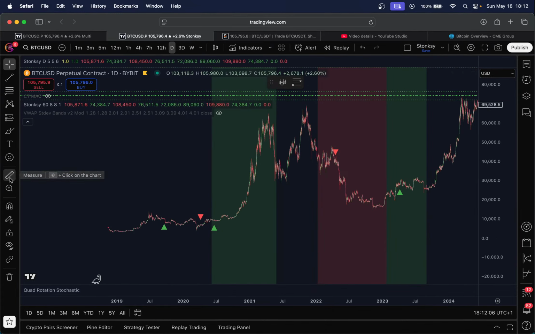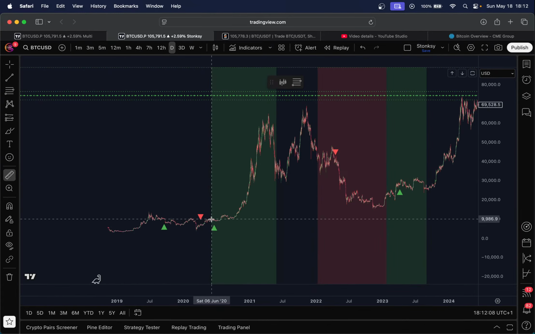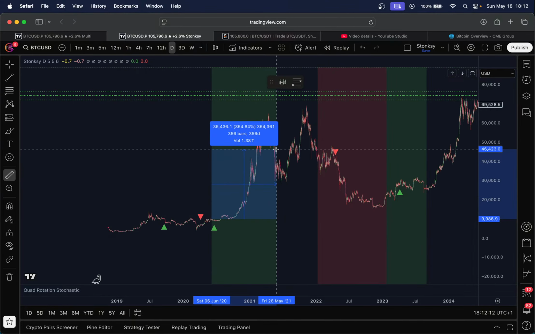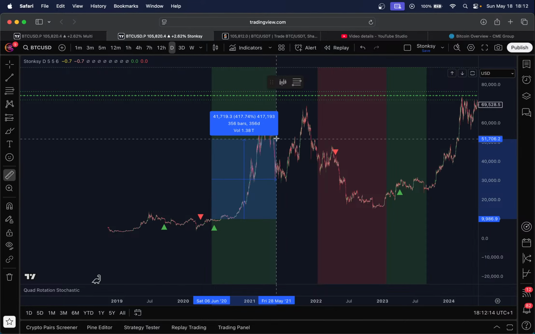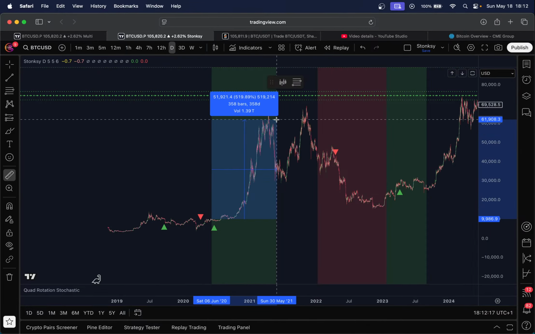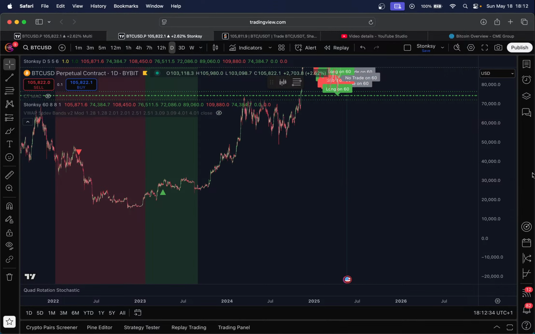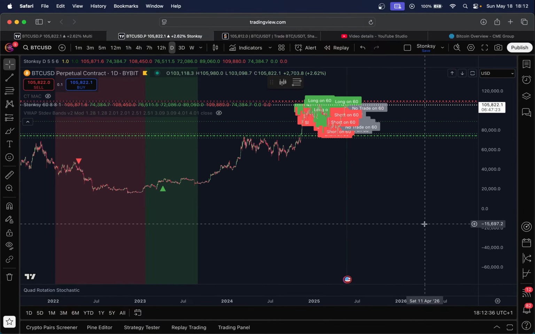I'm not sure if I should say that or not, but anyway, that green background lasted pretty much a year actually, and the price went up 545%. So the fact that we've just got a green background on the daily is quite exciting, I think.